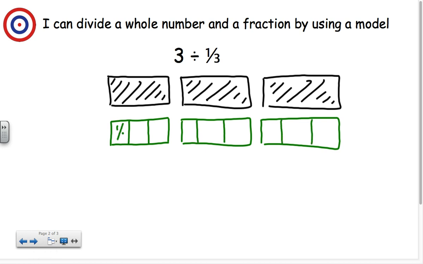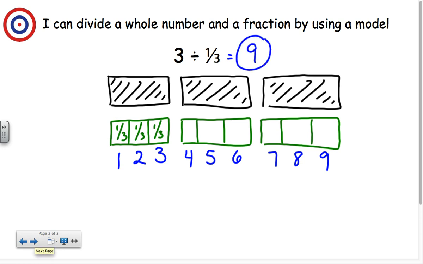And what you see is this is a third, that is a third, and so on. So you can see I could fill in the rest of them with 1/3. But what I end up finding out by making a model and showing how many 1/3 size groups I can get out of 3, I can get 1, 2, 3, 4, 5, 6, 7, 8, 9. I can get exactly 9 1/3 size groups out of 3.